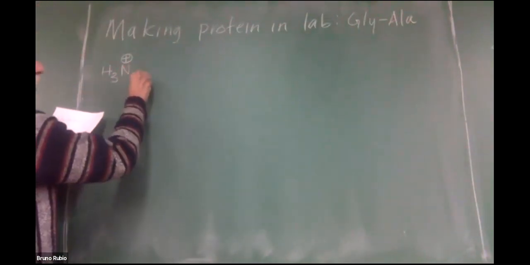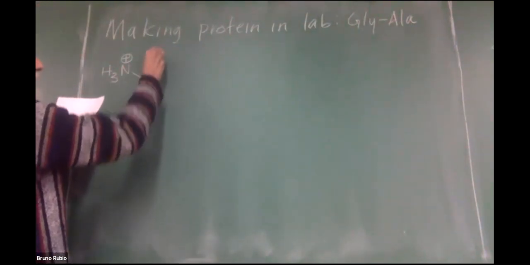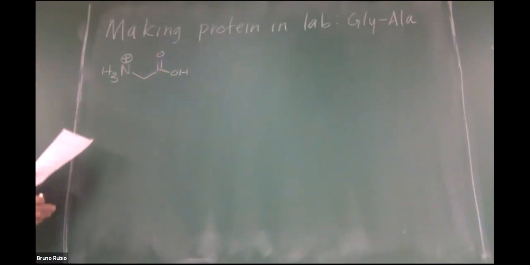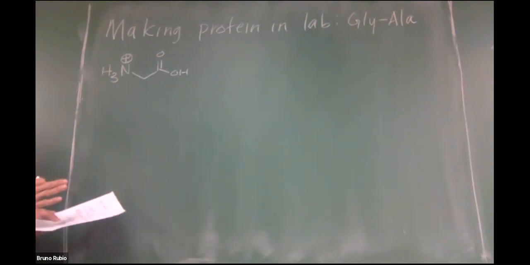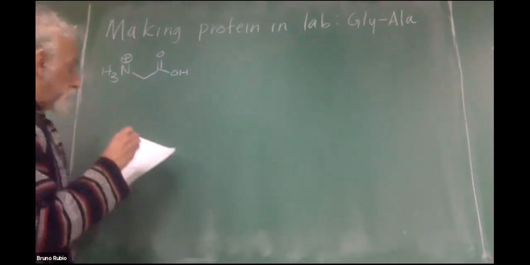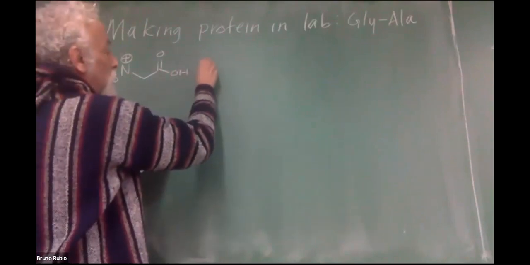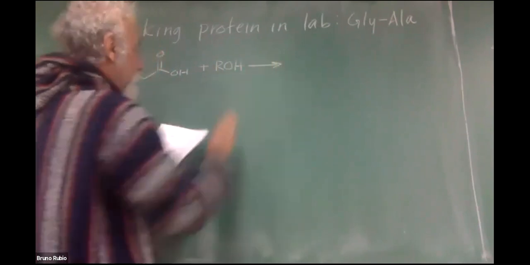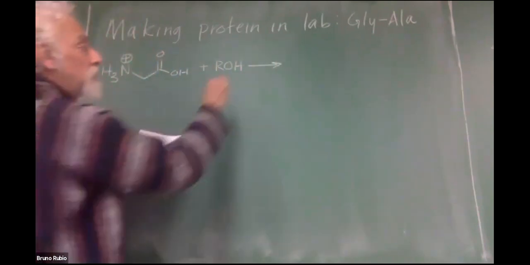Okay, so there's our glycine, and this is at a low pH, something less than 2. Now this would be reacted with some kind of alcohol.